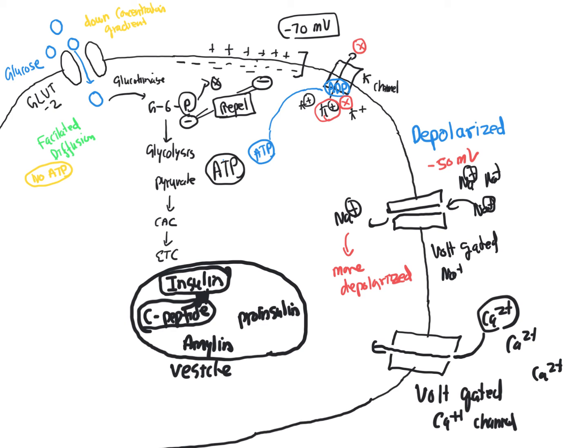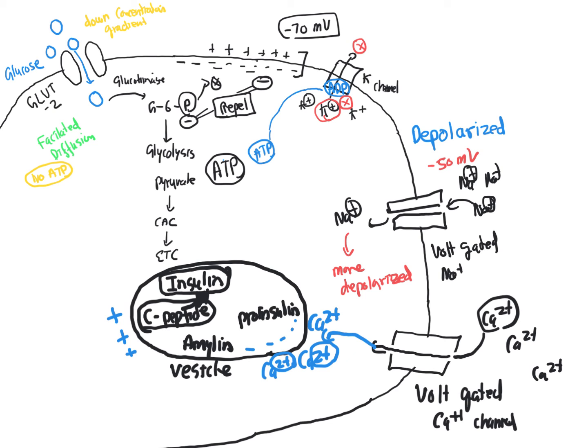Now the calcium is going to attach to the vesicle, and note the charge of the calcium is plus 2. When more calcium binds to the vesicle, the vesicle becomes more positive. And note that the membrane potential, even though it is depolarized, is still negative.